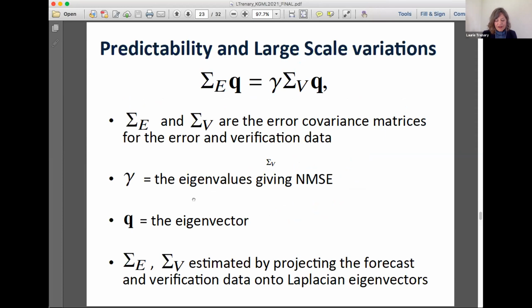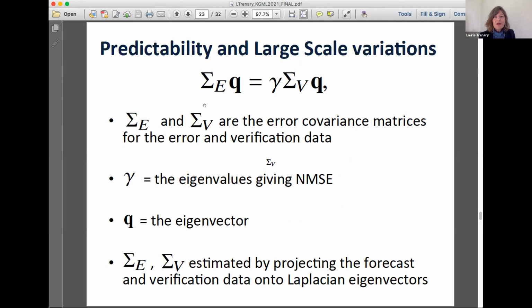So now we're trying to find the combination of forecasts and verification data that minimizes the mean square error across all of our stations. That's what our Q vector is, essentially finding that linear combination. This is our eigenvector. The gamma gives the eigenvalues, which is the normalized mean square error.